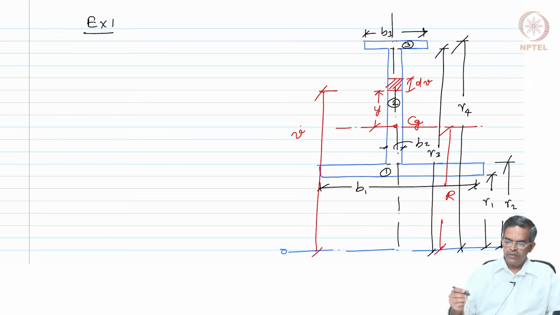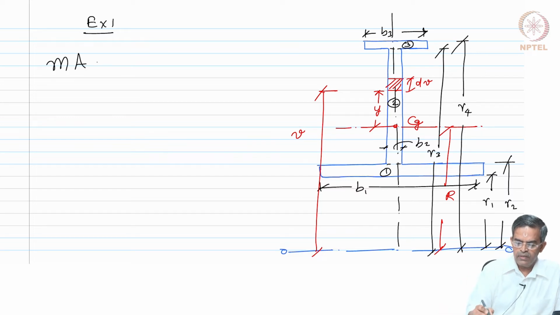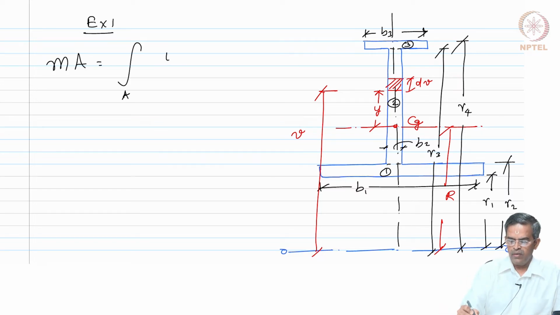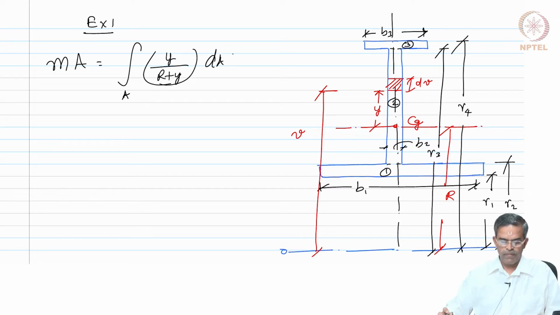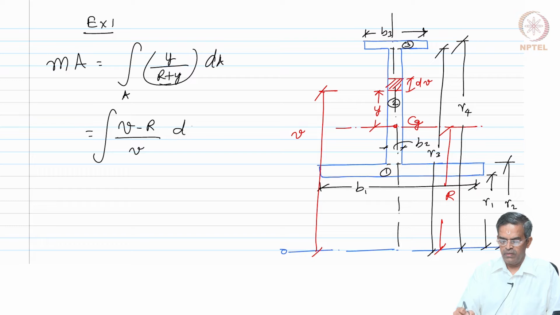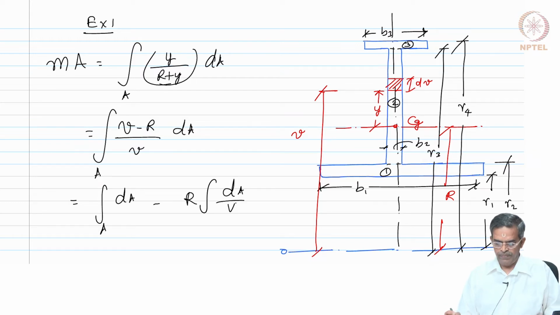So, the general expression for MA is given as integral y by R plus y dA. From this figure, we can easily say y can be replaced as V minus R. V minus R by V integral dA becomes integral dA over A minus R integral dA by V, which is MA.